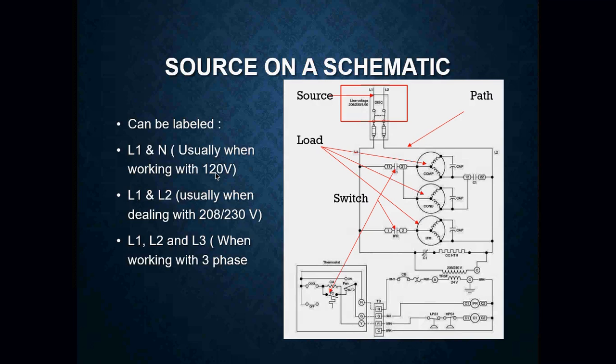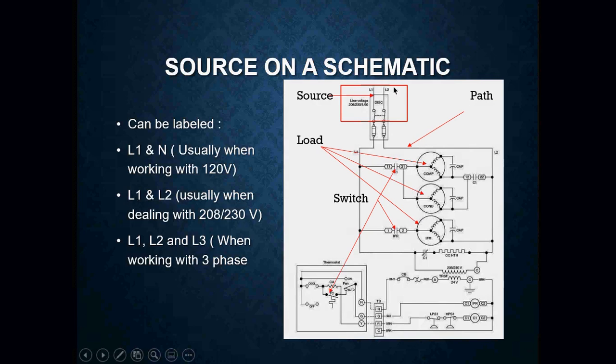L1 and L2 usually designates that we are working with either 208 or 230 volts. Or we may see L1, L2, and L3, which is when we are working with three-phase, normally found in a lot of commercial applications.